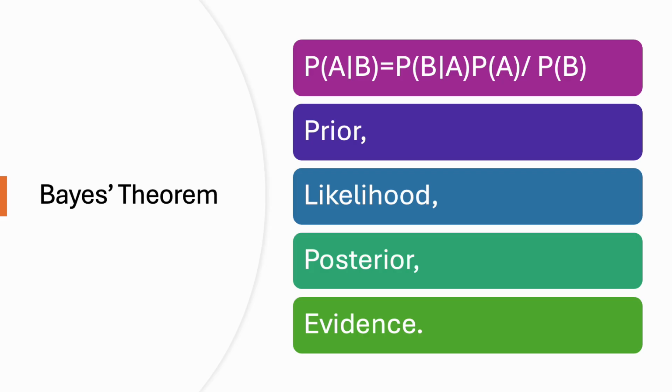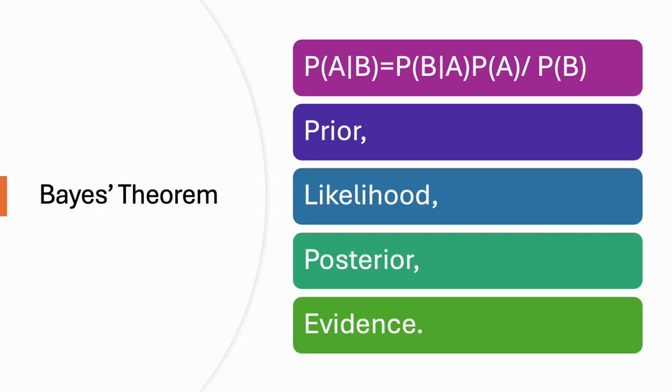For instance, email providers use Bayesian filters to classify messages as spam or legitimate. The filter starts with a prior probability based on historical data. Words like free or win are common in spam. As new emails arrive, the filter updates its beliefs by calculating the posterior probability that a message is spam given the presence of these words.